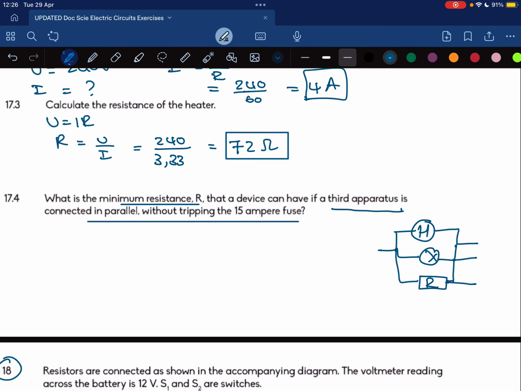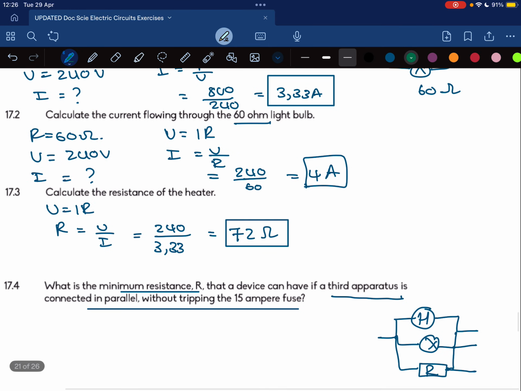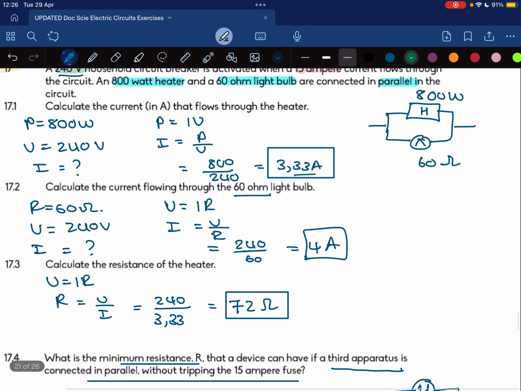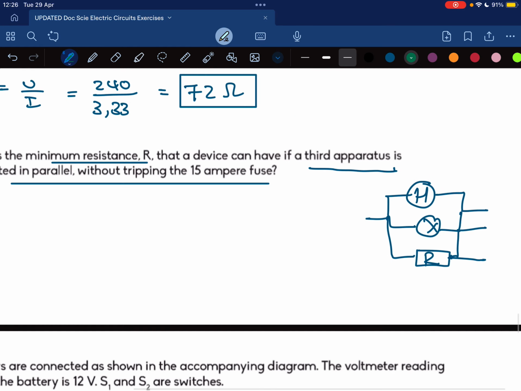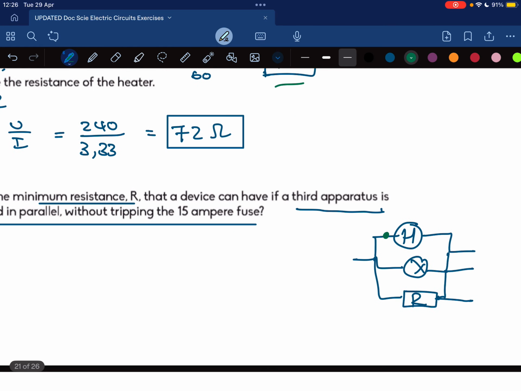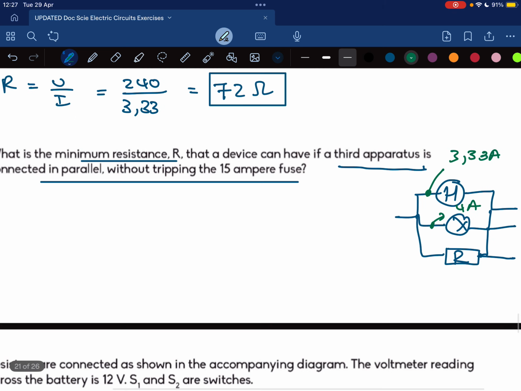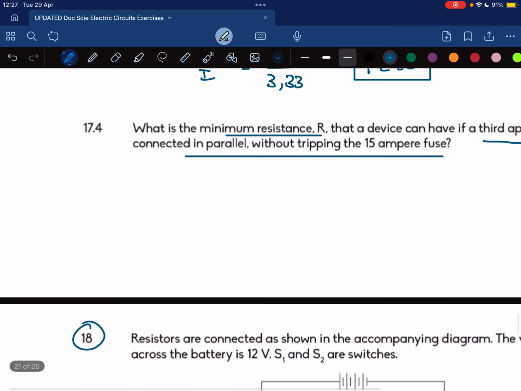If I have a look, I already know that 3.33 amps goes through the heater and 4 amps goes through the light bulb, which means I can find what the maximum current is that can go through the resistor. So the current through resistor R is going to be 15 minus 3.33 minus 4.